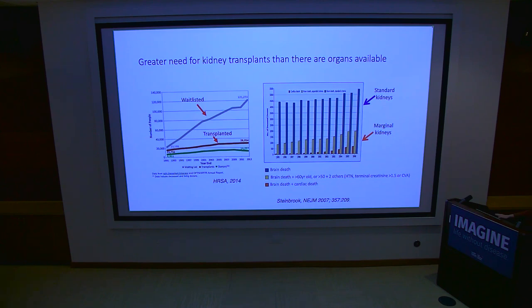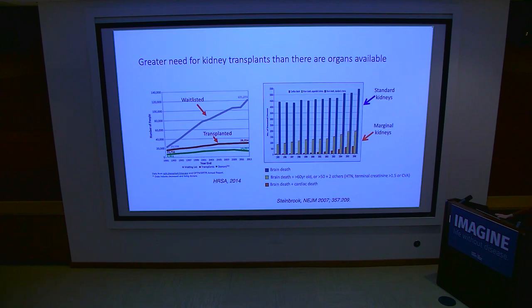These marginal kidneys are from a deceased donor whose brain has stopped working, but who are also older than 60 years of age, or older than 50 with other comorbidities such as hypertension, elevated creatinine, or who died from a stroke.